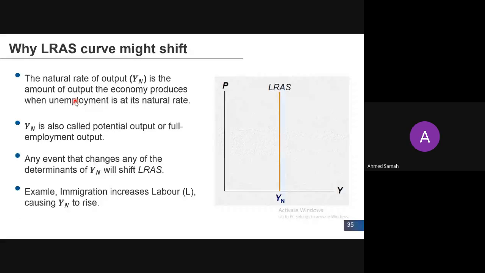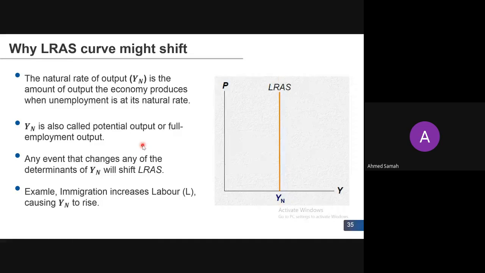Then why might the long run aggregate supply curve shift rightwards or leftwards? The natural rate of output YN is the amount of output that the economy produces when unemployment is at its natural rate. When unemployment is at the natural rate, we call it full employment. So at the natural rate of output, we will have full employment, and it is also the potential output of the economy.